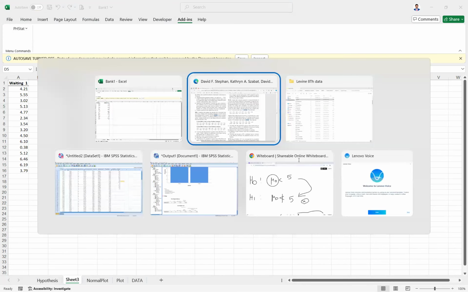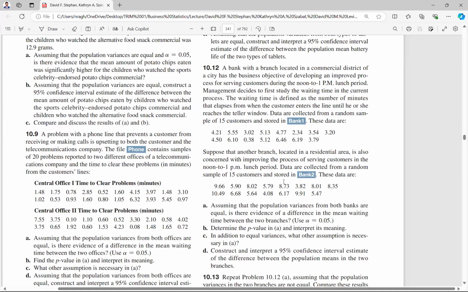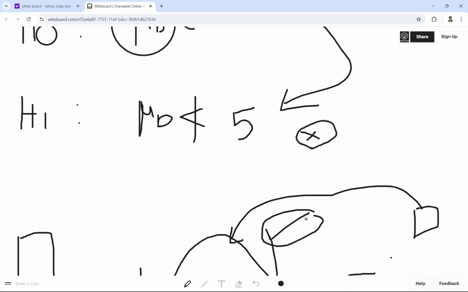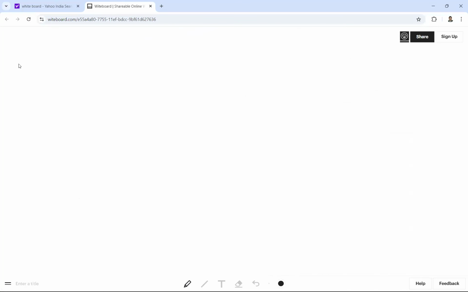Now form the hypothesis. What is the question? Assuming that the population variances of both banks are equal, remember these are samples. They gave an assumption. Is there evidence of a difference in the mean waiting time between the two branches? What is the null hypothesis? Someone try to form the null hypothesis, please. Fast, we don't have time.